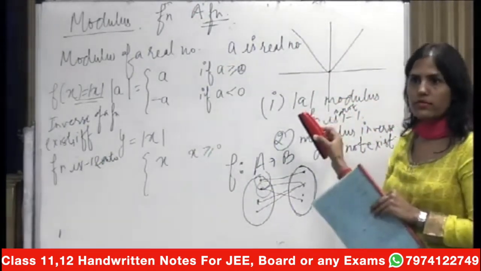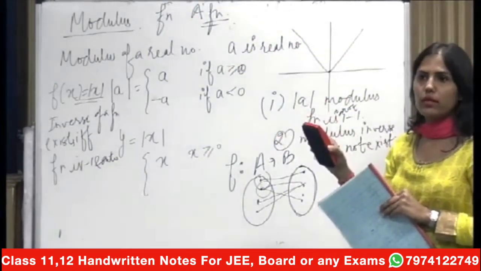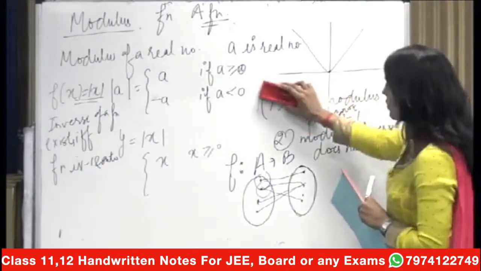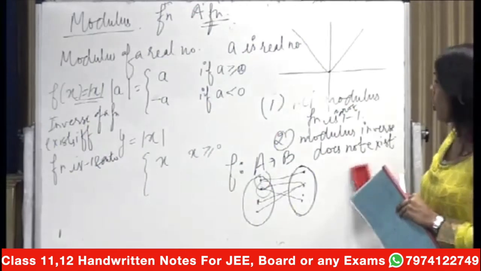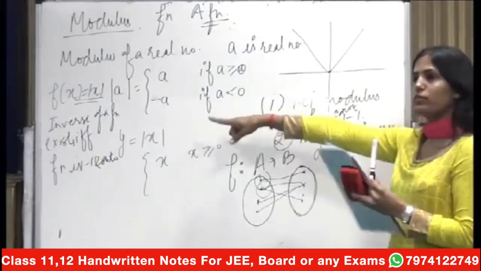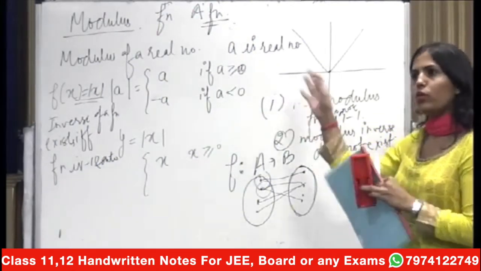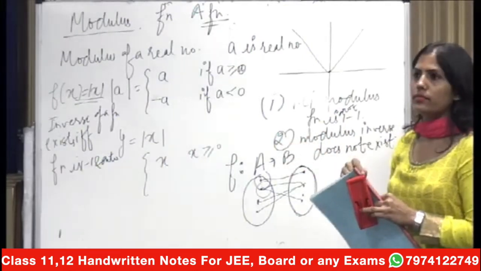Inverse will not exist because to get the inverse of any function, that function should be 1-1 and onto. Then only the inverse will exist. For inverse we don't check onto, because this function is not 1-1. Whether it is onto or not hardly matters. But this is not 1-1, so inverse will not exist.